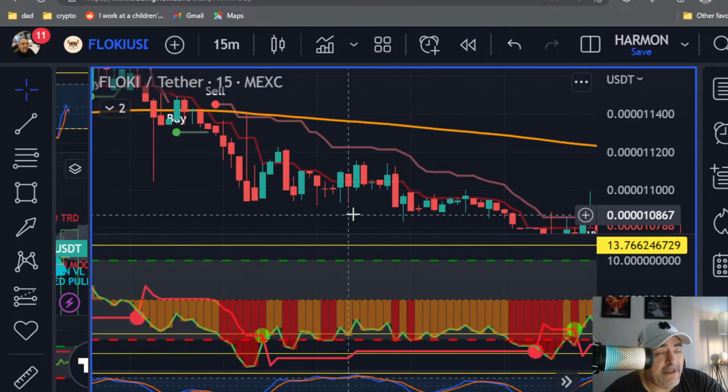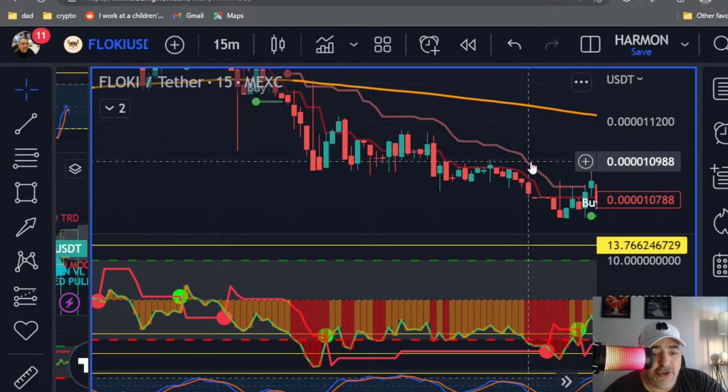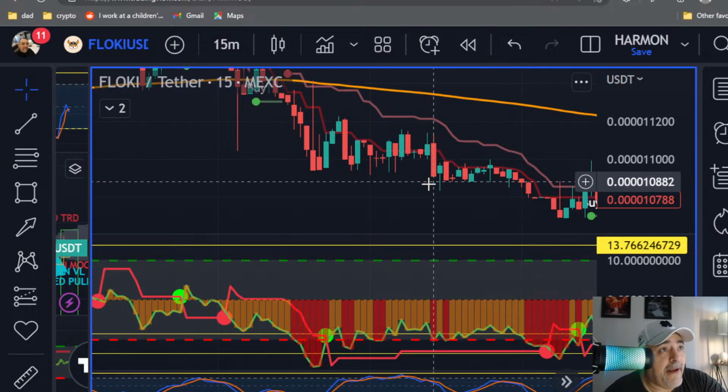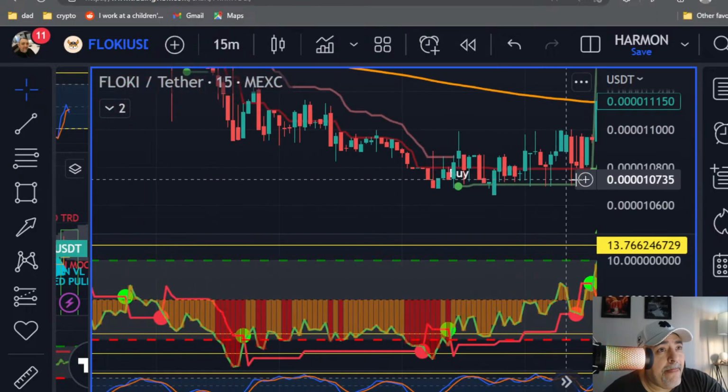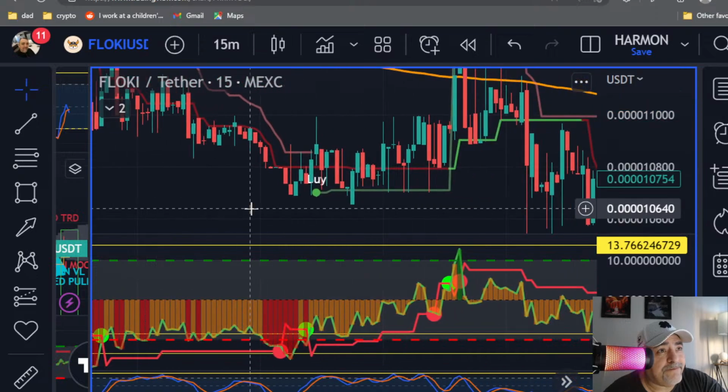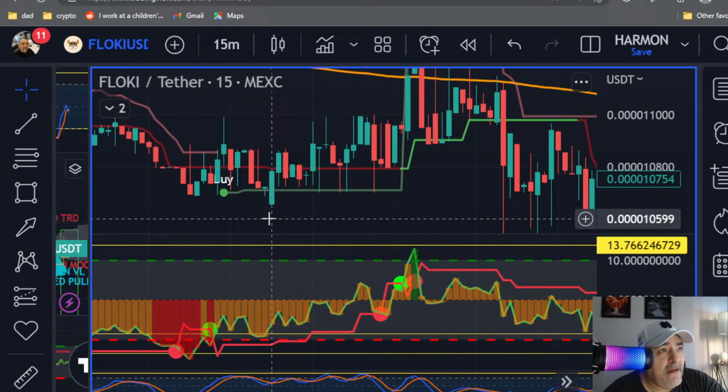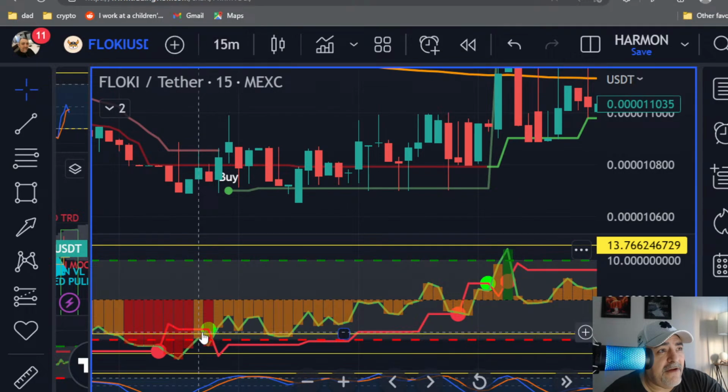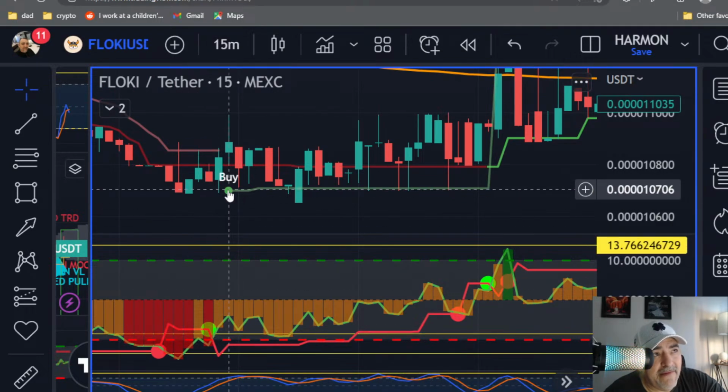So that buy signal is kind of like showing up everywhere, and I want to put it here, just a buy signal, 1%. Okay. All right, now let's see what we have here. Now you see how this, here's your green moon, here's your buy signal. And you see right here, we get a nice little push.